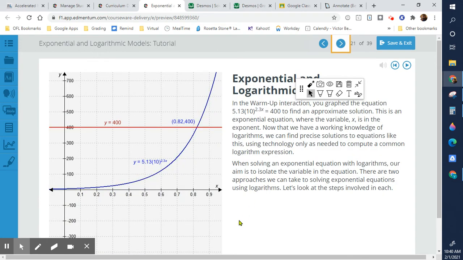All right. So the easiest way to find out a log or an exponent, like, how do we figure this out? The easiest way to do it is to just graph a straight line where y equals 400 and the other one is this. So we already did this in the warm-up exercise way back in video 1 for this tutorial.